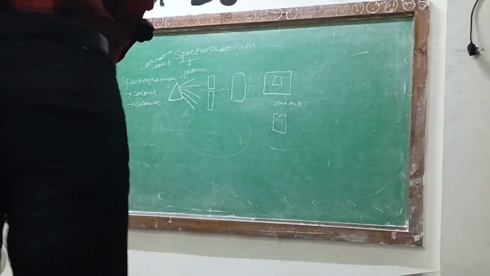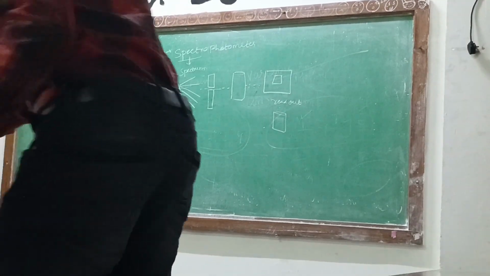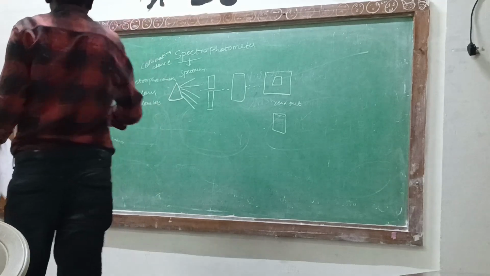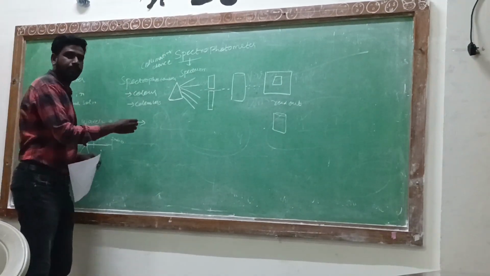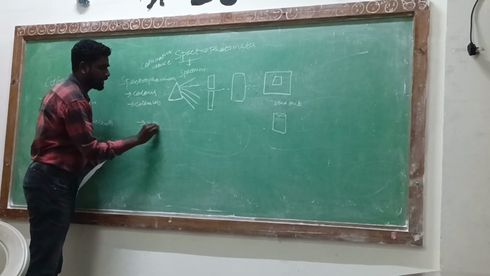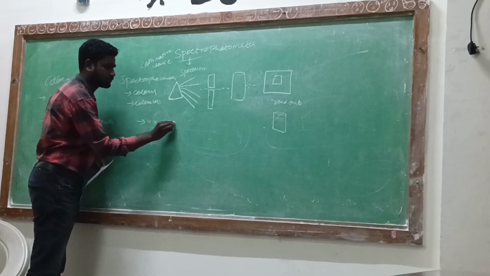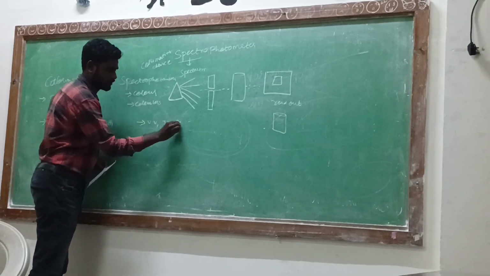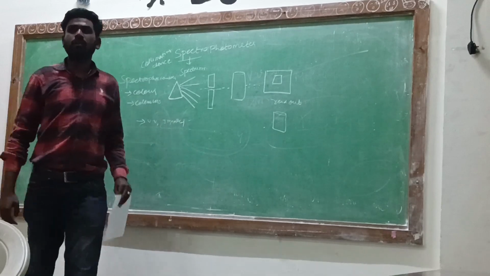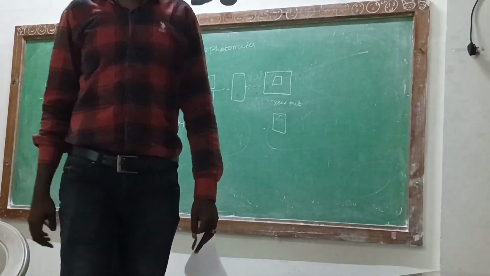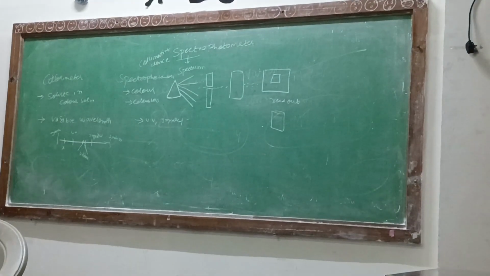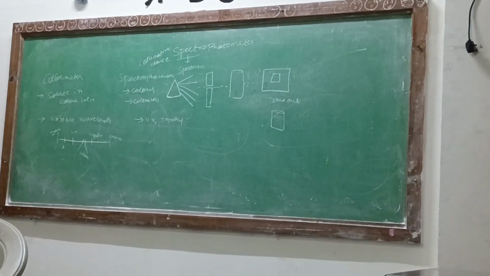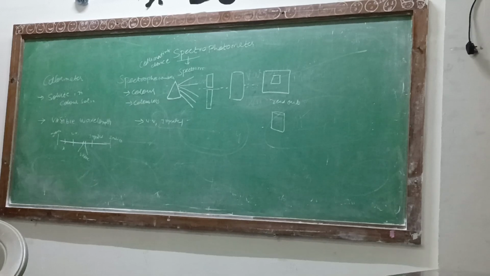So we can say that the rays used here are visible wavelength rays, whereas ultraviolet as well as infrared wavelengths can also be used in the case of the spectrophotometer. This is the second difference. Now the third difference is the filter.